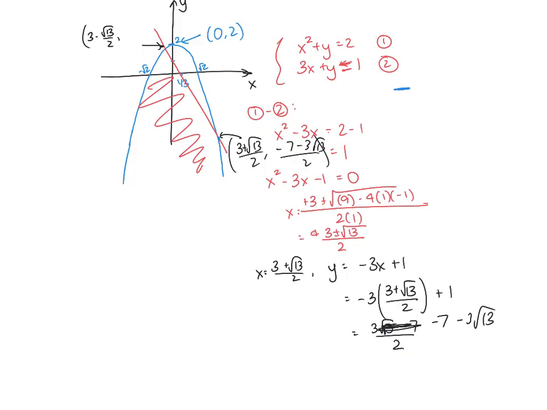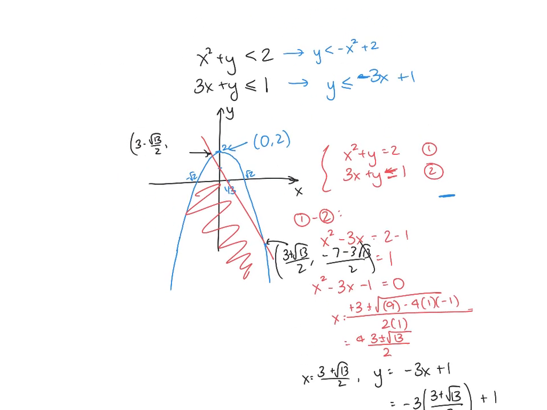So this is x equals 3 plus root 13 over 2, and that's what you'd get over here for y. And then over here, you can solve it similarly if you want to.